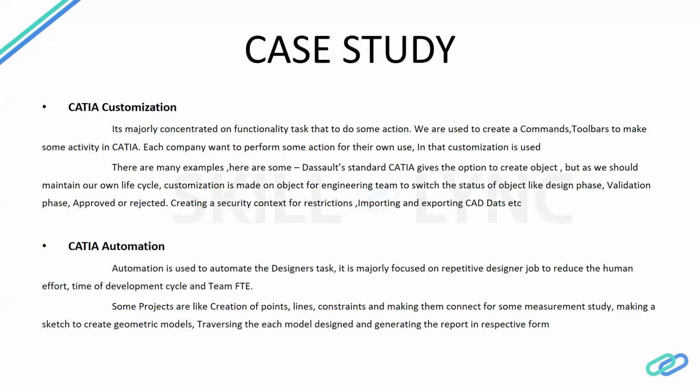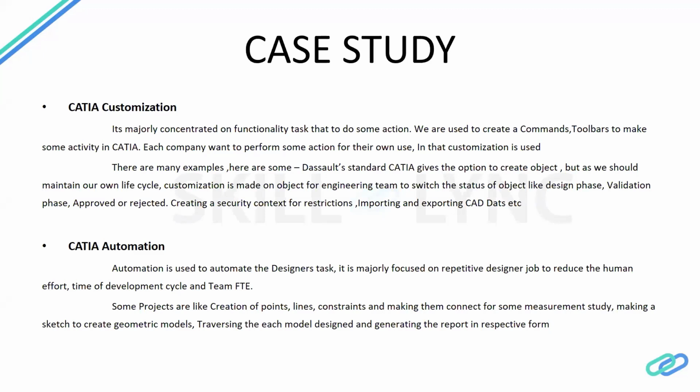But in software packages like CATIA, I need a command to point to a point at each corner, and I need one command for joining the 2 points by a line. These are the commands created by CAA, Component Application Architecture. This is called CATIA customization.